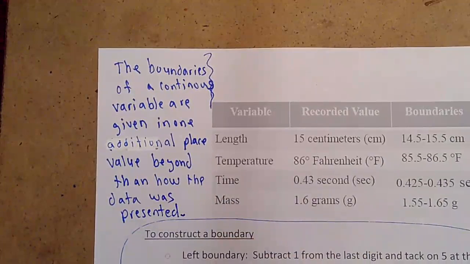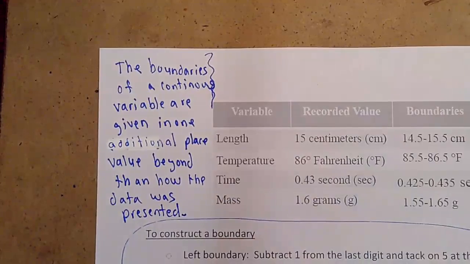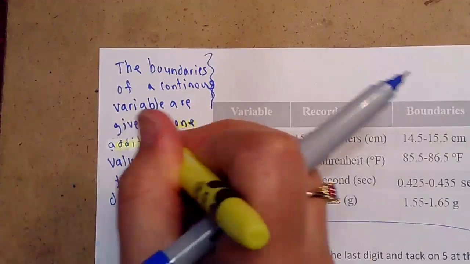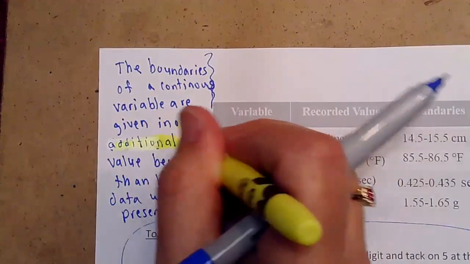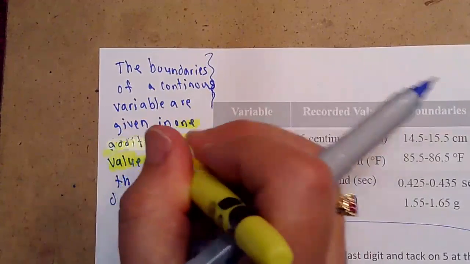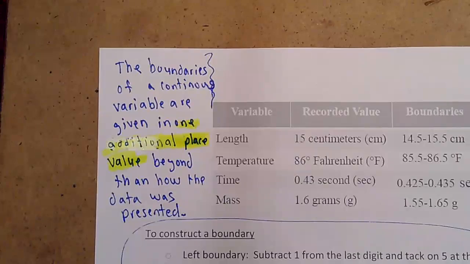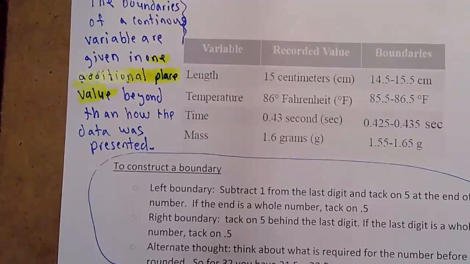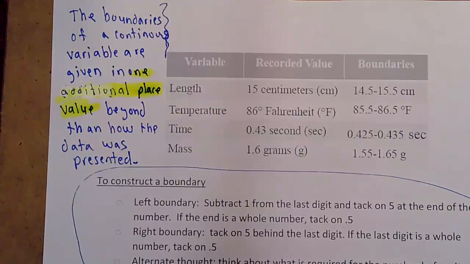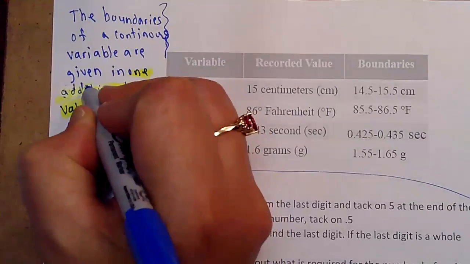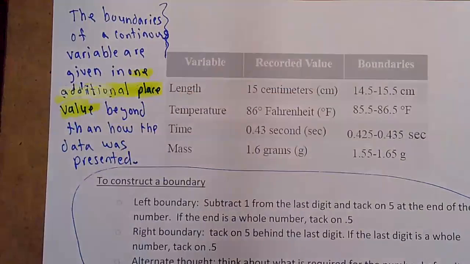And then I'm going to highlight one additional place value. Okay, so the boundaries of a continuous variable are given in one additional place value beyond how the data was presented.